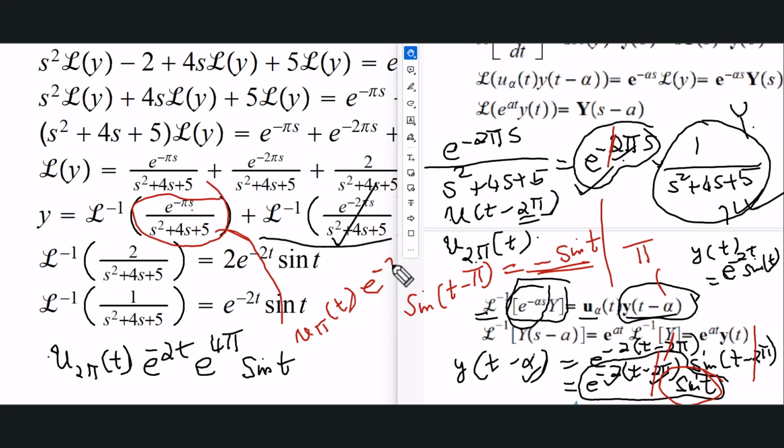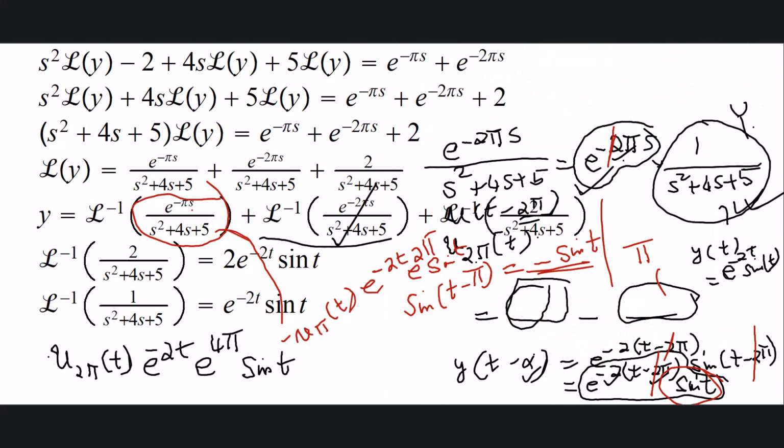So that will be e to the negative 2t, and then when that distributes, this time it will be e to the 2 pi times sine of t, but then we will have a negative sign in front. So let's go ahead and write that in our answer.